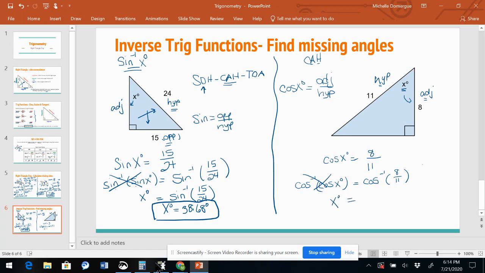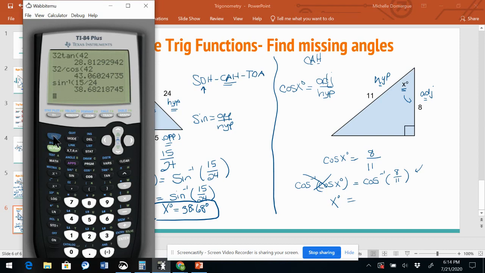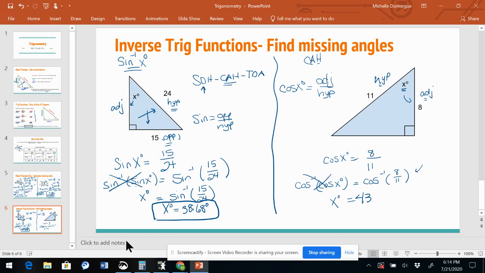Then I need to plug cosine inverse of 8 divided by 11 into my calculator. So again, I go to second function and cosine, and I enter my ratio, 8 divided by 11, and I press enter. And I get my angle, 43.34. So my angle in this case is 43.34. So that is how you use inverse trig to solve and find missing angles.